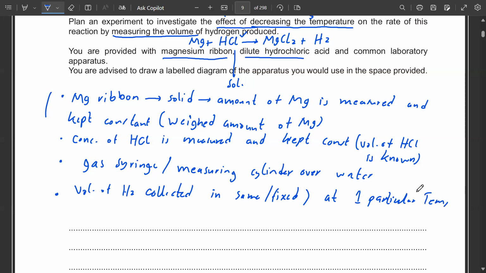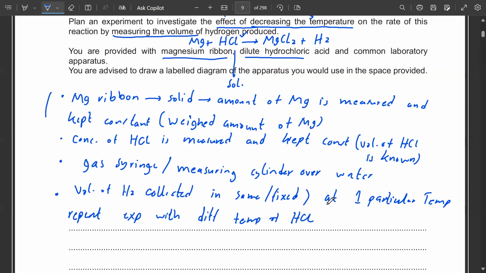temperature, because you're going to study the effect of the temperature, which means when you repeat the experiment, you have to maintain another temperature. Repeat the experiment with a different temperature of HCl solution.